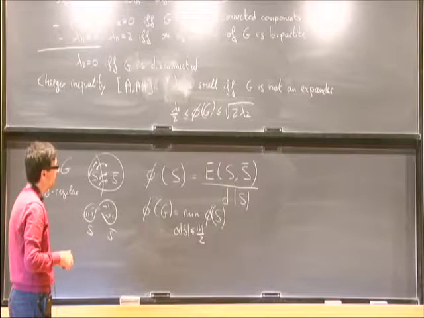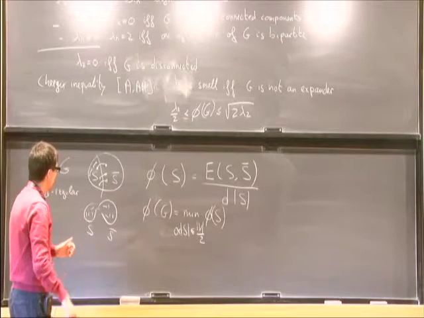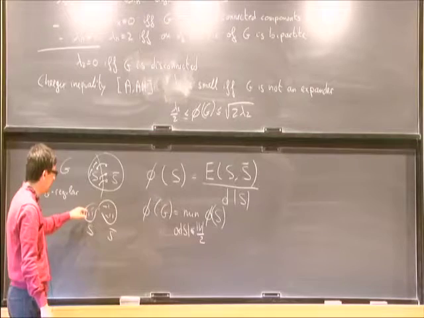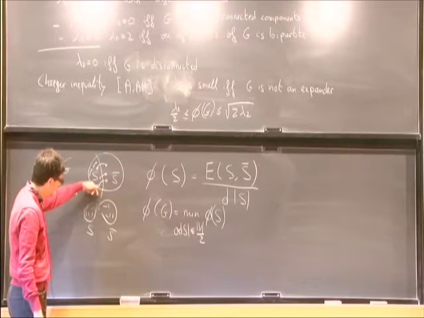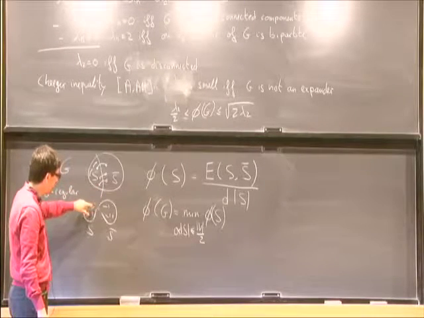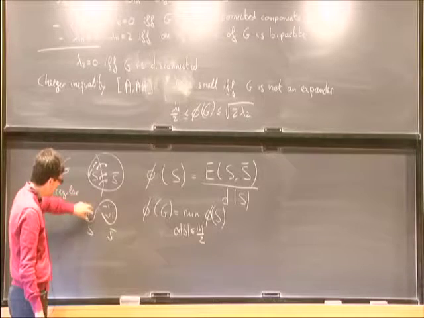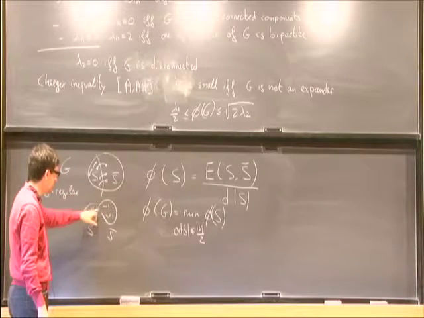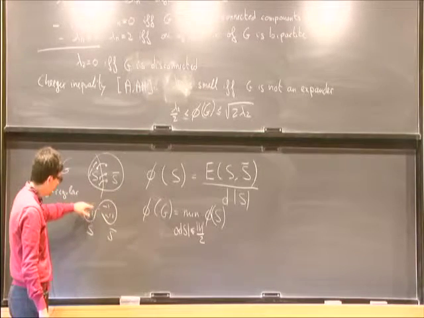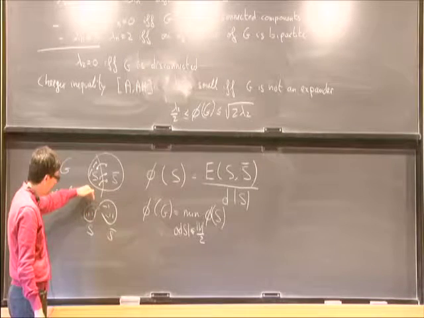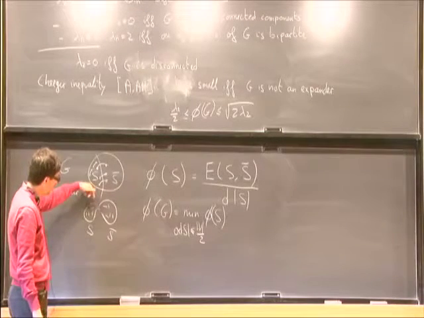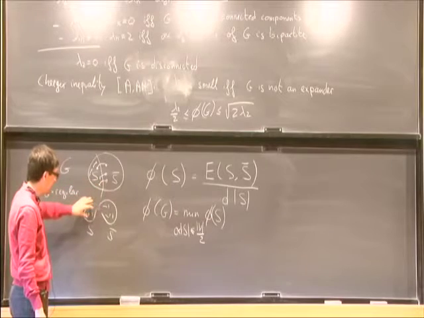In terms of algorithm design, when a graph is not an expander, it means that there is a sparse cut in the graph, which is a useful thing to find, because it can be a step in a clustering algorithm.